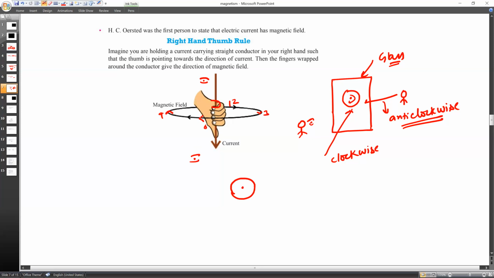Same thing, if you watch it from here, from upward, then you will find that it will be considered anti-clockwise.